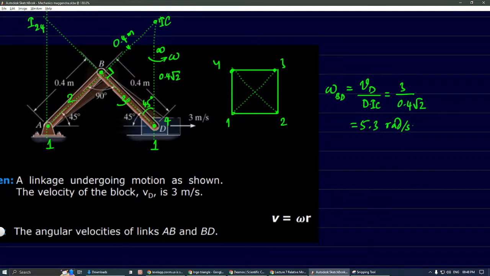Next, he is asking the angular velocity of BD. No, BD is over, no? BD is over. AB he wants us to find. Yeah, so this is over. We have to find AB next.